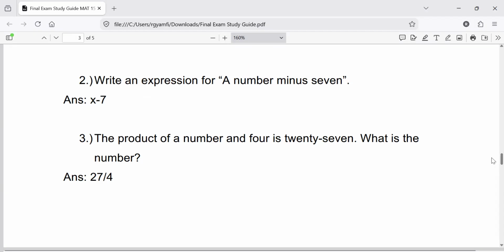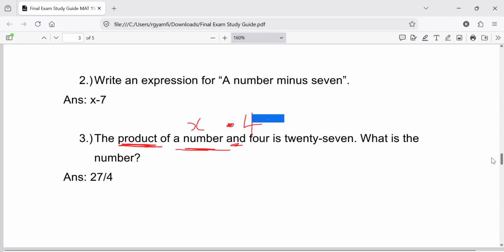Number 3, the product of a number and 4. Again, here you've got to pay attention to the words. Product is a result from multiplication, so you're multiplying 2 numbers. It says the product of a number, let's say x, and 4.